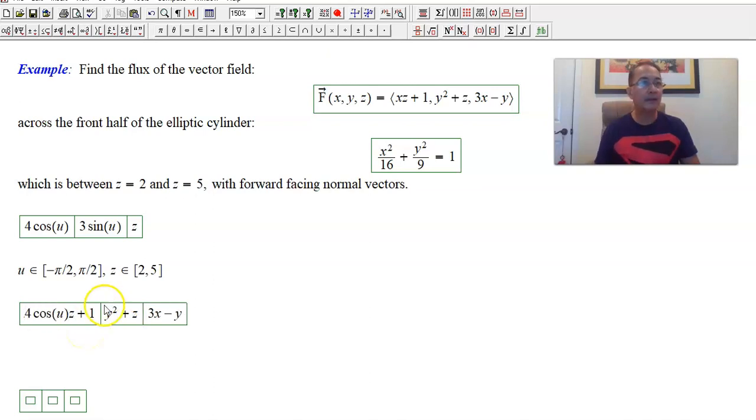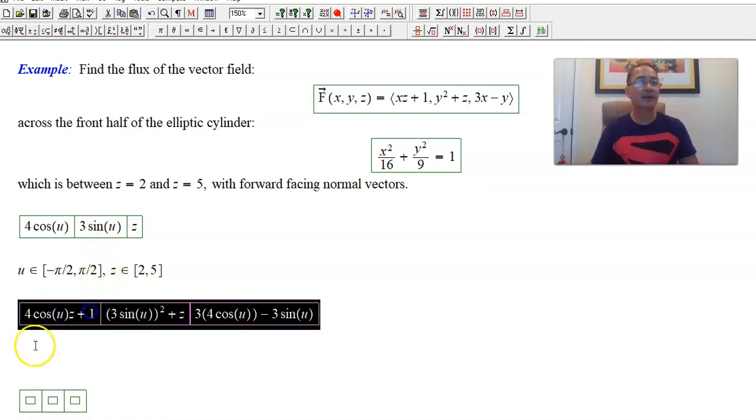I should put parentheses here. Everywhere you see y, you plug this in. So there's the y. Oh, wait. Look at the question. There's another y. And everywhere that there is z, it stays z.